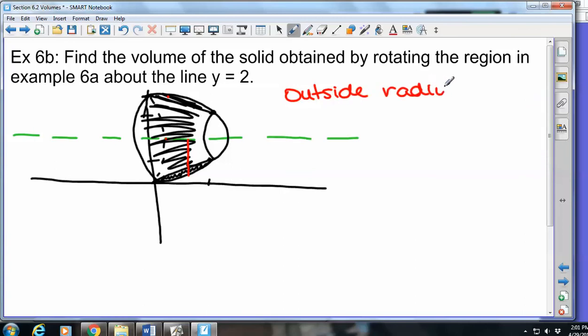So the outside radius. We need an equation for it. We know x squared gives us this y value, but I need it to be measured from 2. I need the distance from 2 to that point. So what would you have to do?